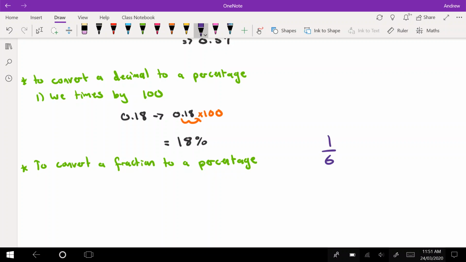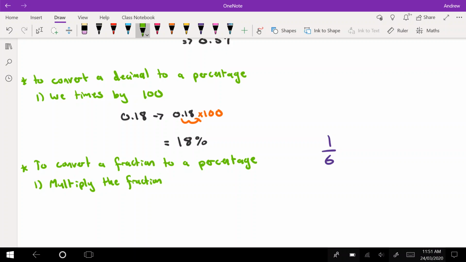So to convert from a fraction to a percentage, what we're going to do is multiply the fraction. What would I be multiplying my fraction by, Yana?